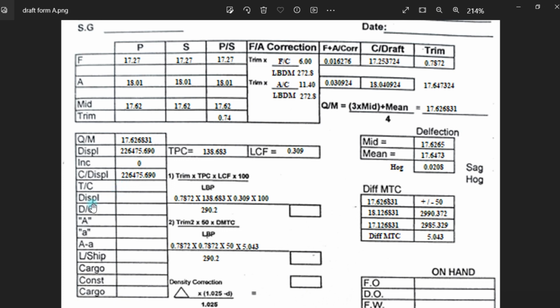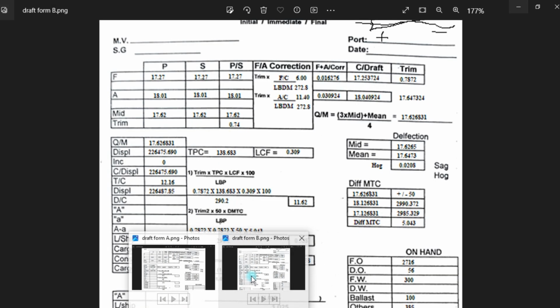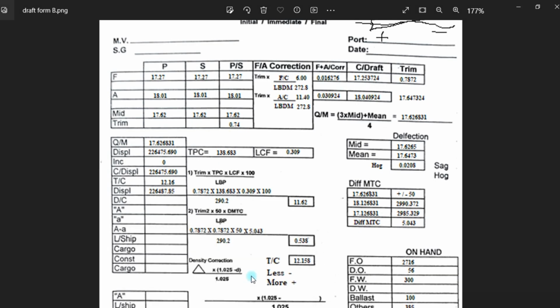And the next correction we are going to apply is the trim correction. We have two trim corrections. Okay, we have 1 and 2 trim corrections. So we go to B. Okay, so we have two trim corrections.